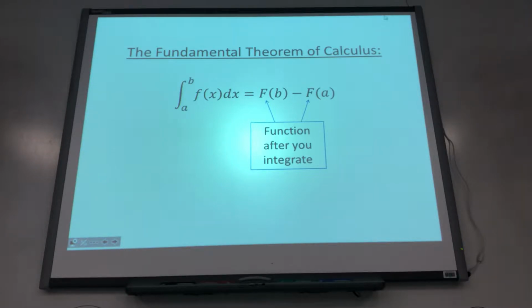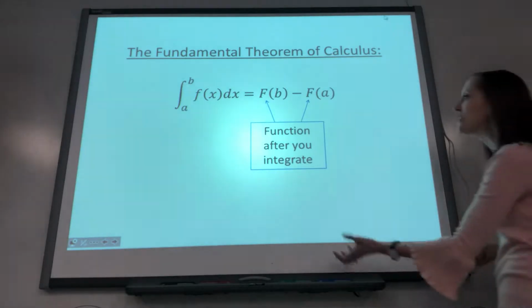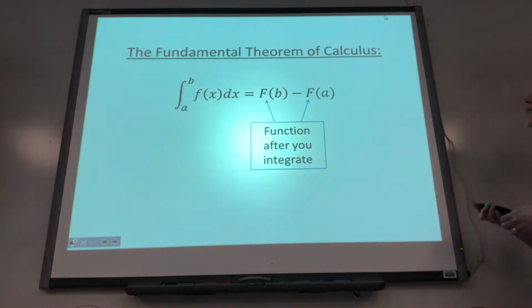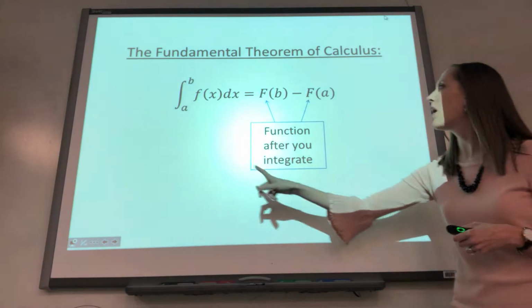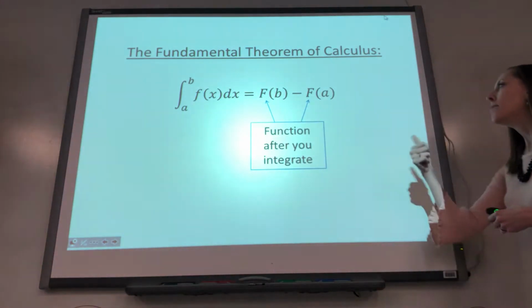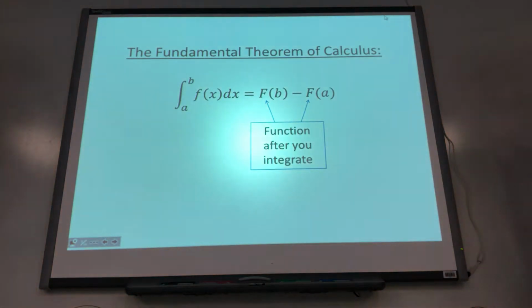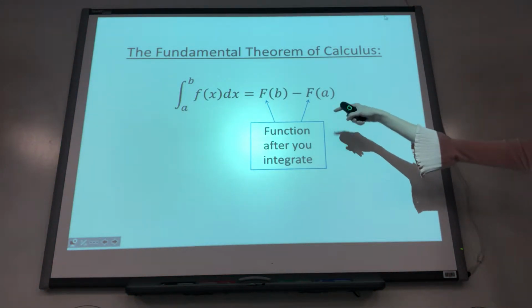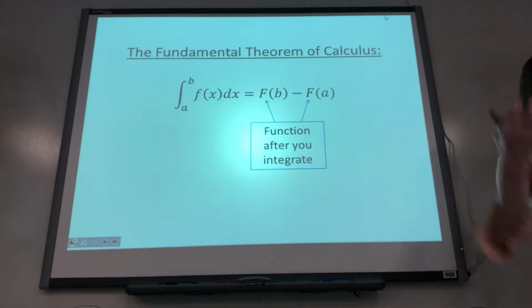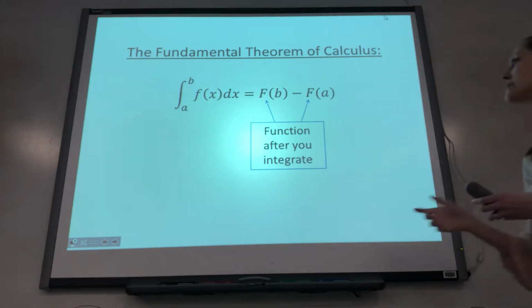So you have to integrate first, and then whatever you get once you integrate, the first thing to do is plug in the upper bound minus plugging in the lower bound. And then at that point, since you're plugging in numbers, you should get back a number. That's the big difference here.